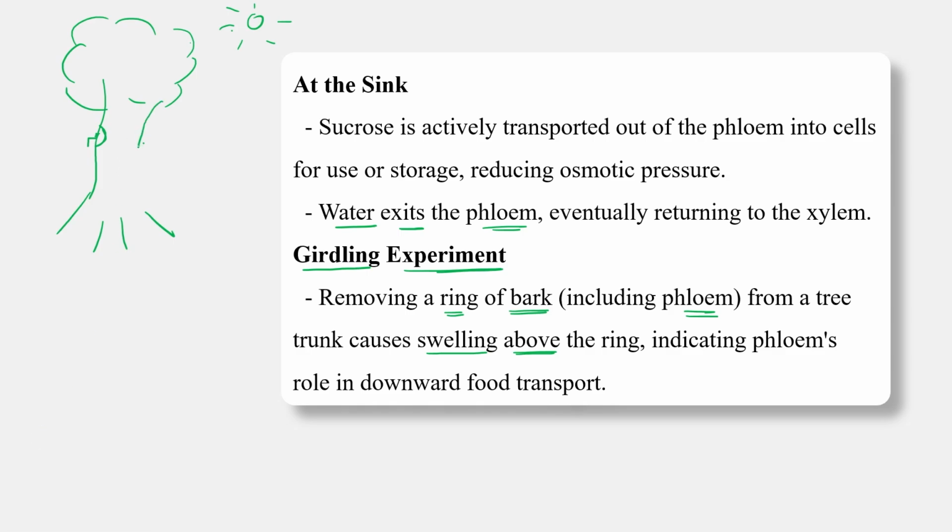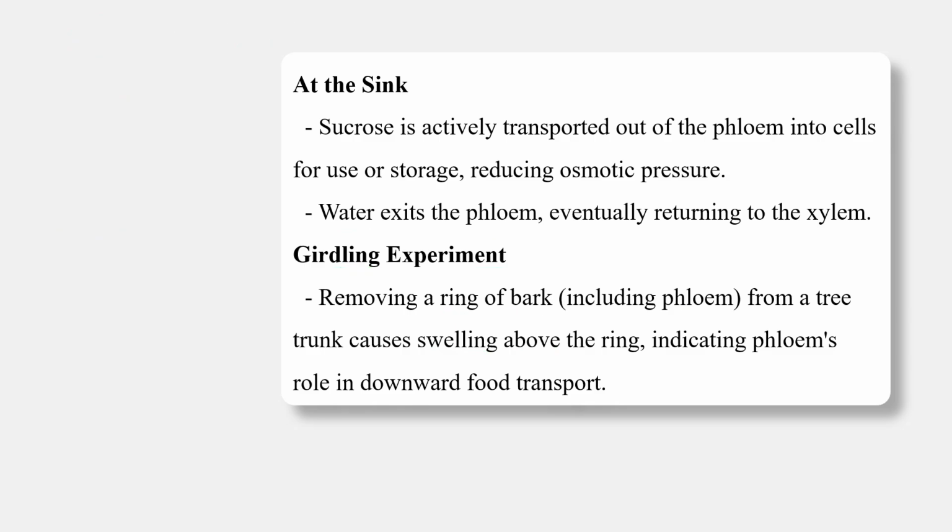then what will happen? The food which is generated by the leaf comes down through the phloem, and it will be able to store the food over this upper part of the cut part of the plant.